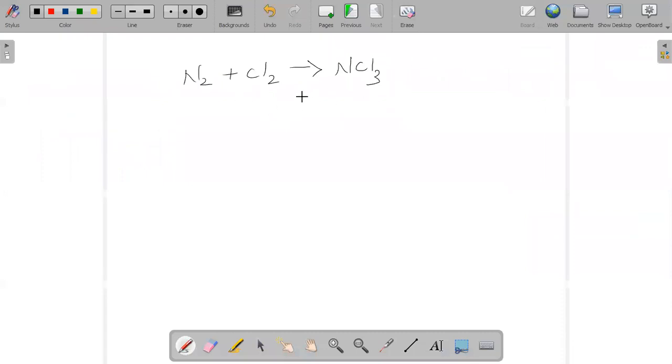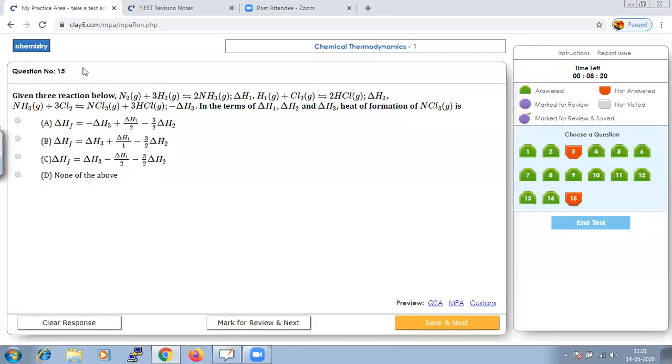So this reaction we should obtain from the other three reactions they have given us. From these three reactions, all sorts of addition, subtraction, all trial and error, you have to do, and then we have to conclude that we are able to reach the reaction of the formation of NCl3, and this concept is termed as Hess law.